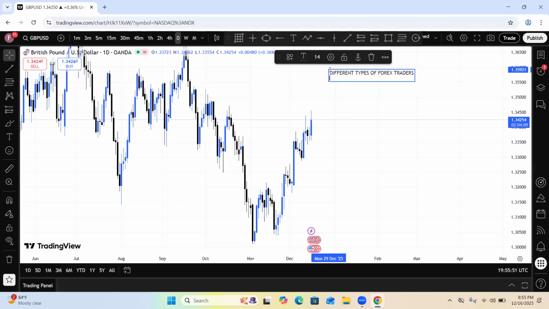We have the scalpers. As I said before, the scalpers are in and out of the market. They just want to scalp and run away. They're looking for quick money. So they focus mainly on what is currently happening in the market.